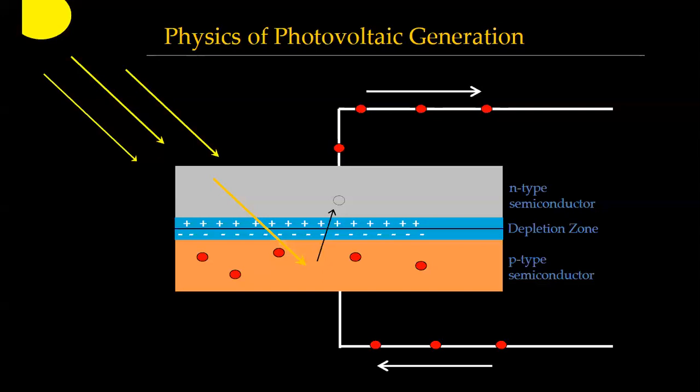A current is created, producing a small voltage of approximately 0.5 volts. Different PV cells or solar cells are connected together to form high voltages and high currents, which are used for practical applications.